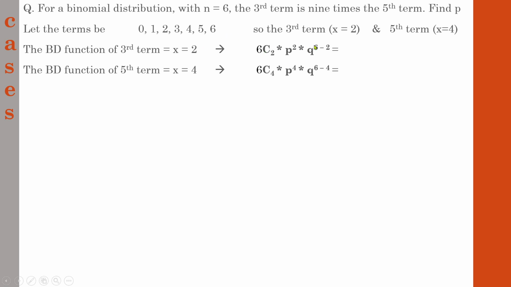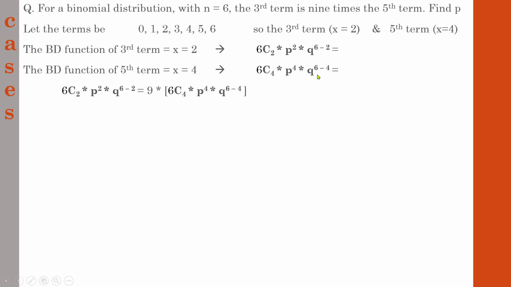Once you have found this, the next step is to use the statement in the question. It is said that the third term is 9 times the fifth term. So 9 times the fifth term is 9 into the fifth one.